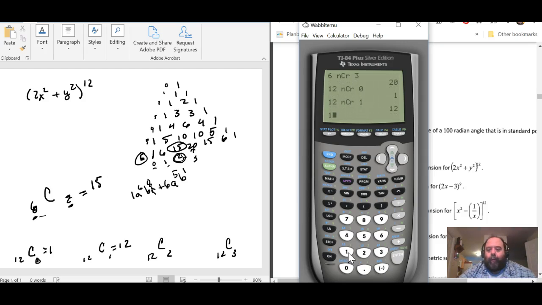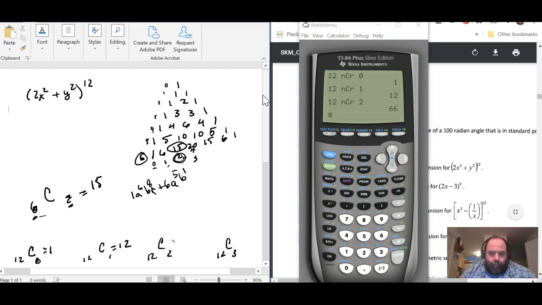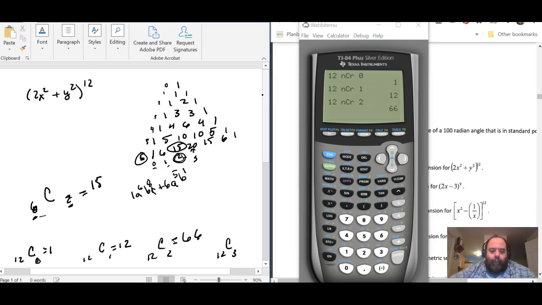Okay. So how about 12 math choose 2? 66. Okay, so it jumps up there. So this one is 66. And then we go 12 math choose 3, right? This one's going to be even bigger, 220.